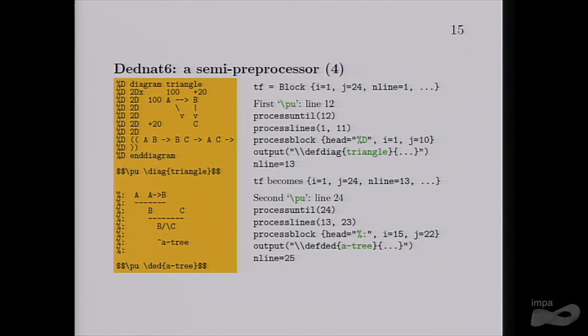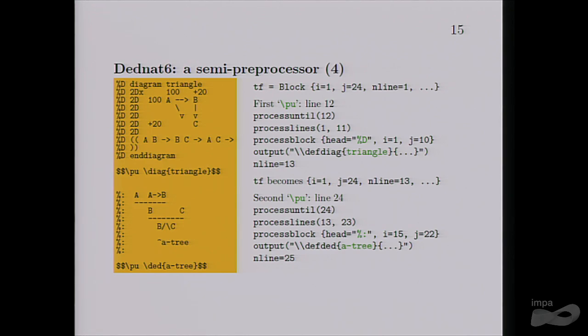And there's a block here. And this ends up running process block with this head here, starting on line 1 and ending in line 10. And then this is going to run the processor for diagrams, and it's going to produce some TeX code, using a function that I wrote called output.